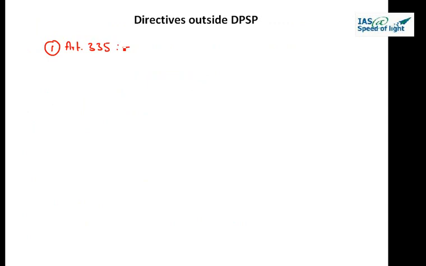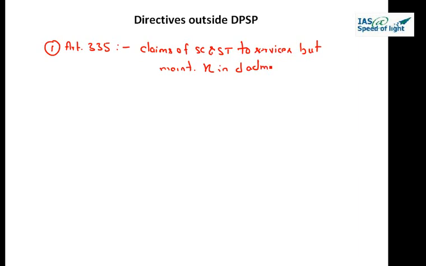It says the claims of members of the scheduled castes and scheduled tribes shall be taken into consideration, but maintaining efficiency in the administration. There has been one Constitution Amendment Act put by Parliament to negate the word efficiency in this article, which we will study.